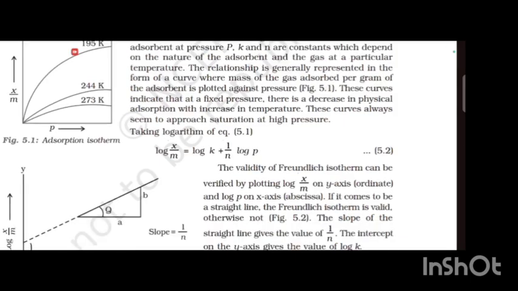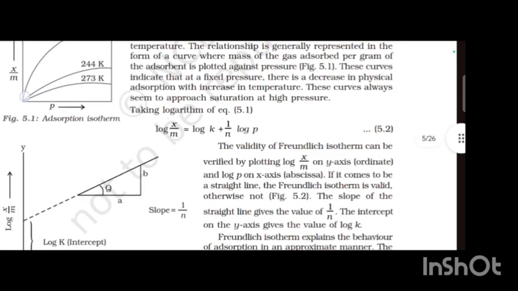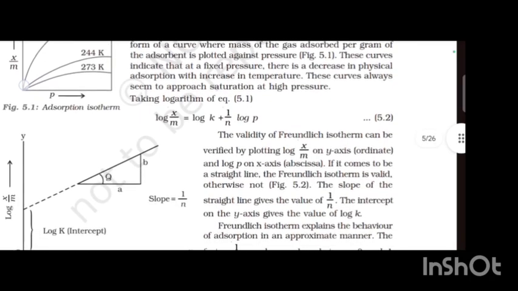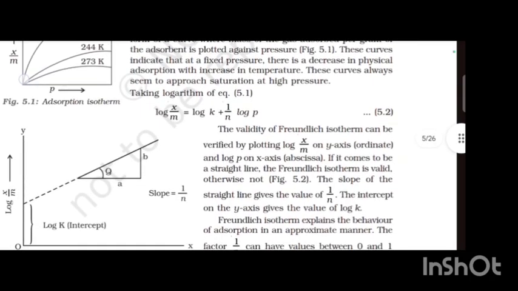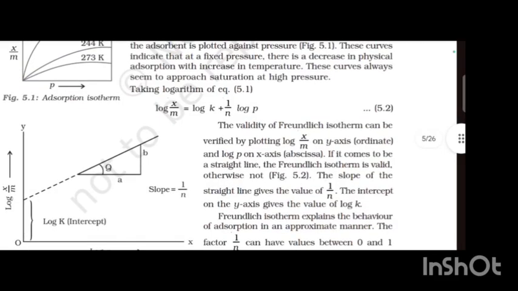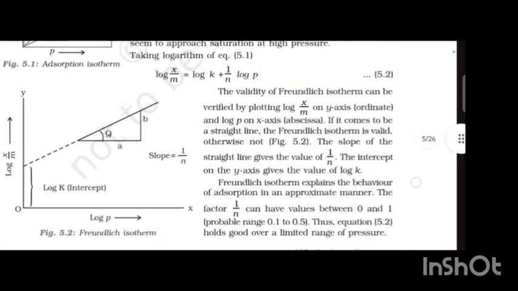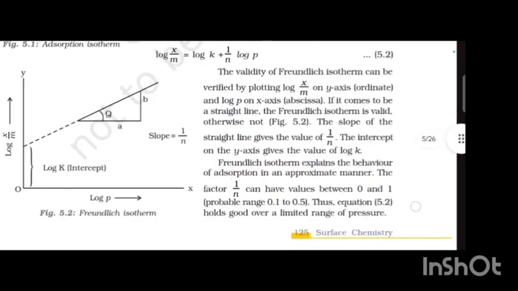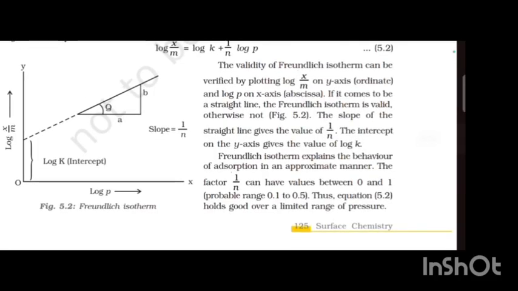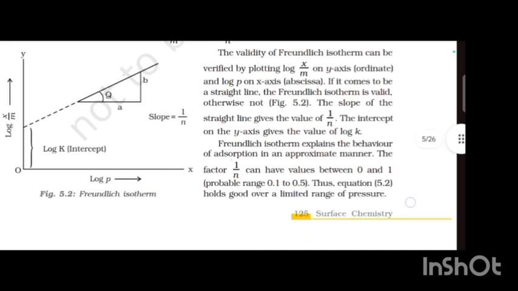Taking logarithm of equation 5.1, log(x/m) = log k + (1/n) log p. Equation 5.2. The validity of Freundlich isotherm can be verified by plotting log(x/m) on the y-axis (ordinate) and log p on the x-axis (abscissa).